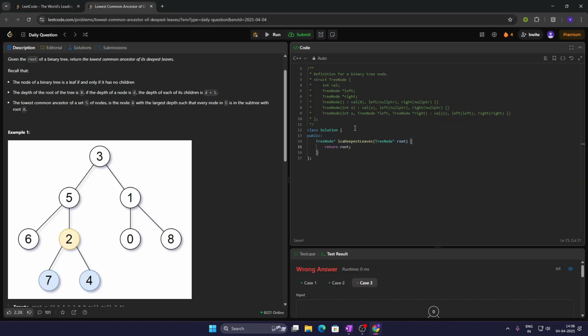So first we have to find the maximum depth. So here in depth, if root equal to null, return 0, else is not required. So the depth of root of left. Also, I have to check for the right depth as well, the depth of root of right.